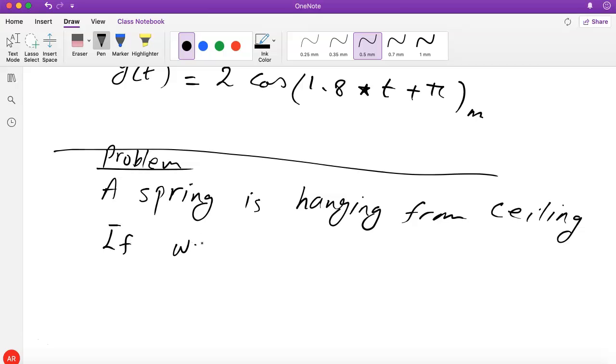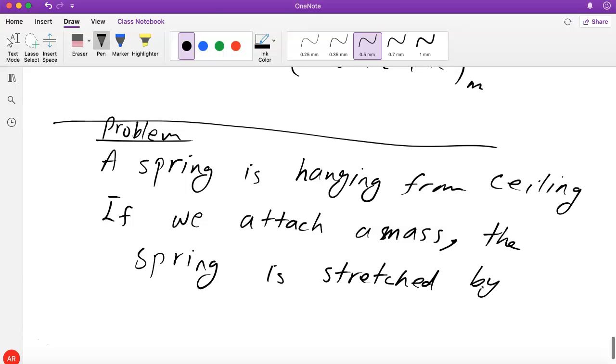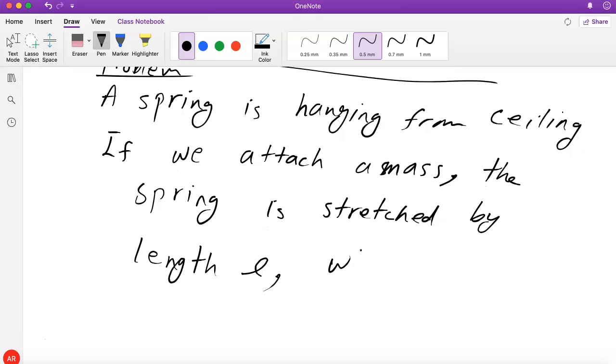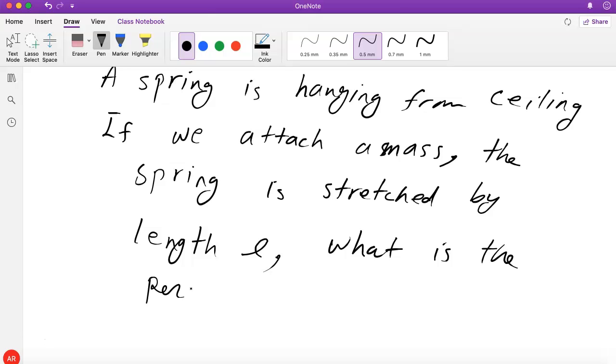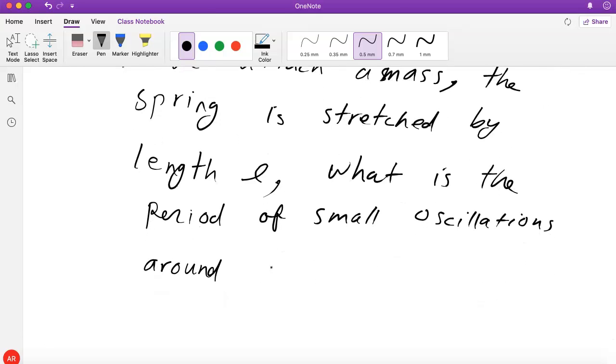If we attach a mass, the spring is stretched by length L. What is the period of small oscillations around equilibrium?